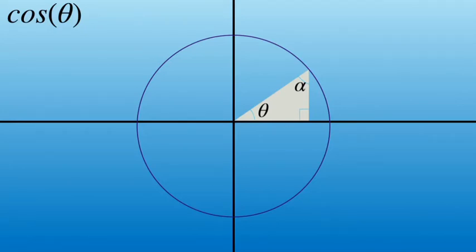I mean, they're called the trigonometric ratios. They measure triangles. So cosine represents this side, the adjacent, at least relative to theta, right? We're doing it relative to theta.